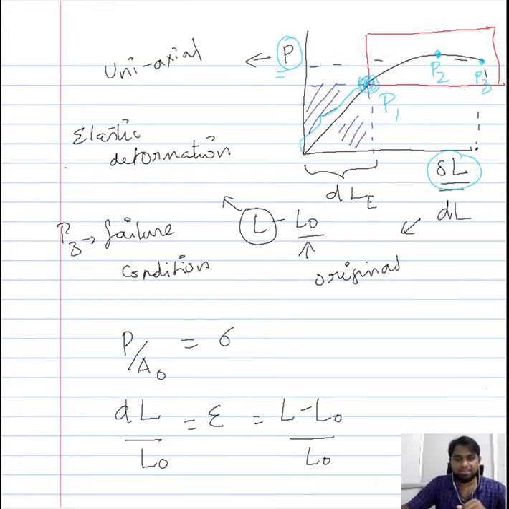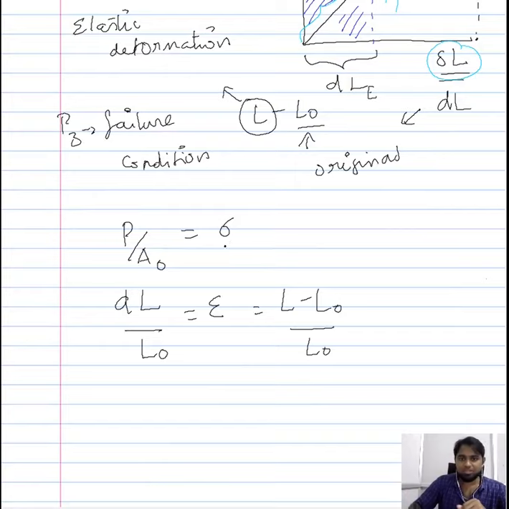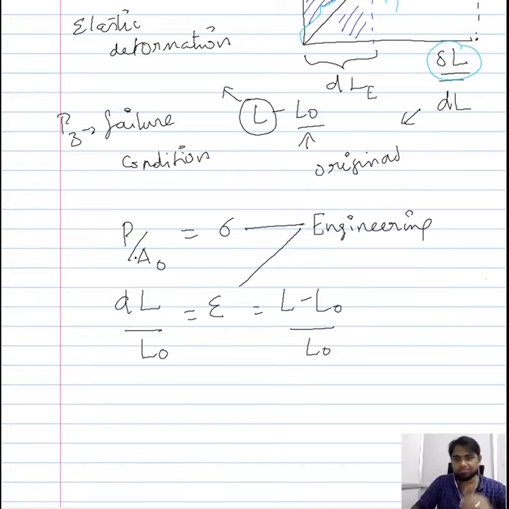Now this definition of stress and this definition of strain is referred to as the engineering stress and strain. So this definition of stress, wherein the load is normalized by A0, and this definition of strain, where the deformation is normalized by L0, where A0 and L0 are original dimensions.